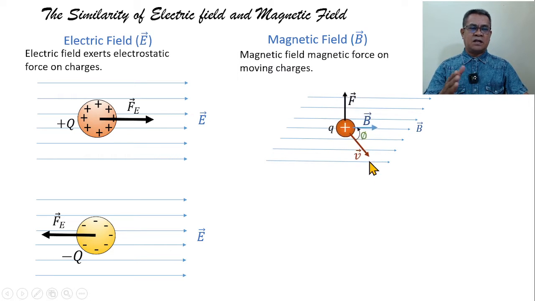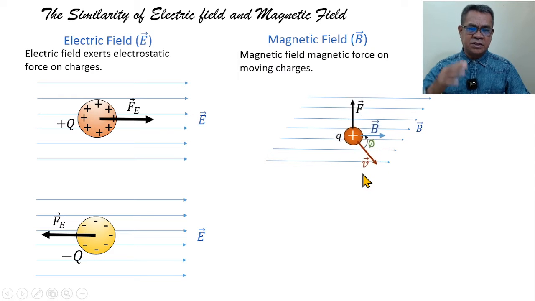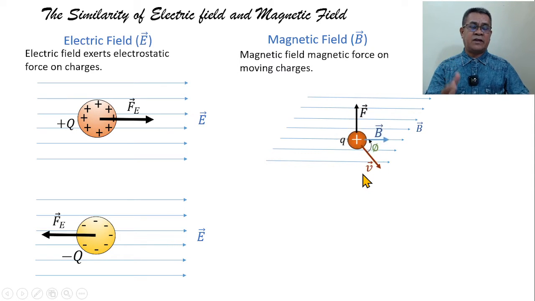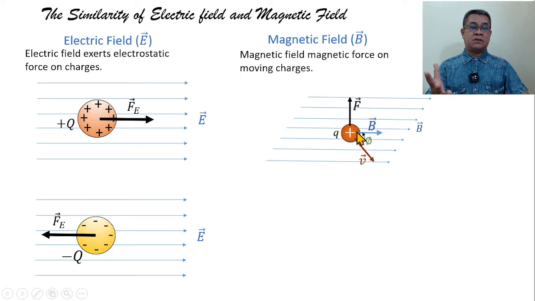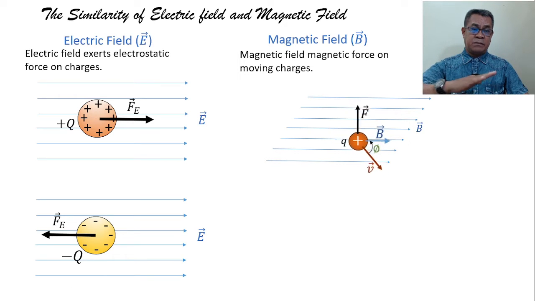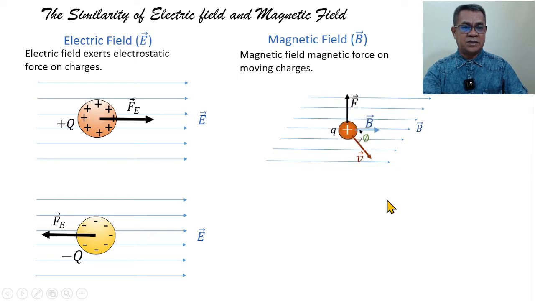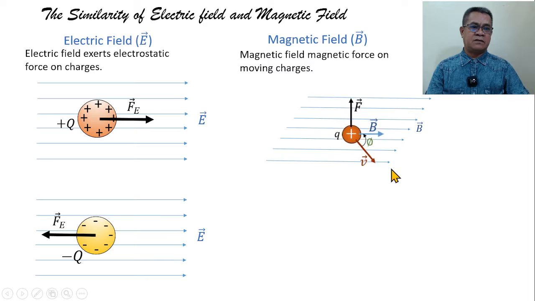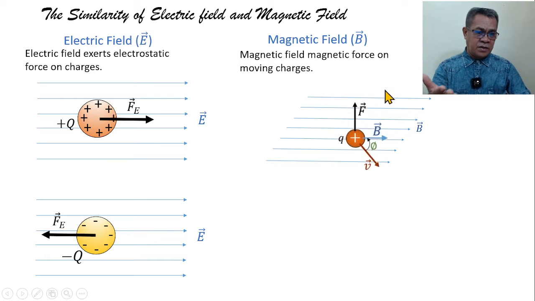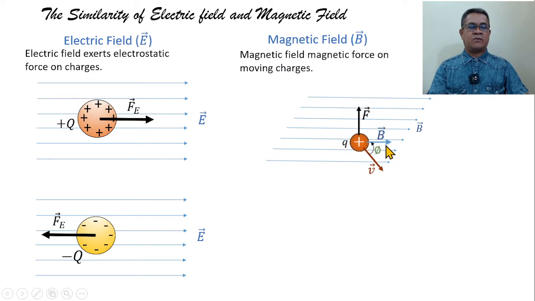Notice that the angle is measured from the velocity towards the magnetic field, because the velocity vector interacts with the magnetic field, and the interaction results in magnetic force. That magnetic force is always perpendicular to the plane generated by the velocity and the magnetic field.